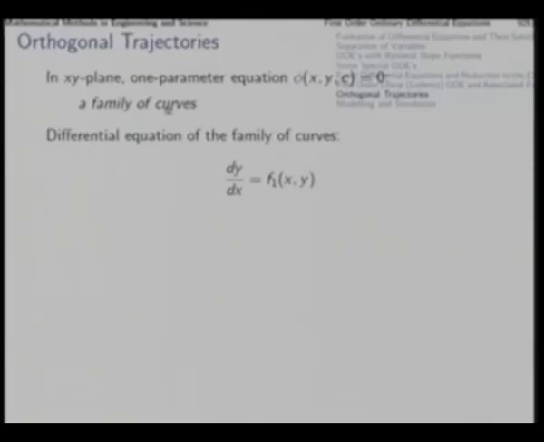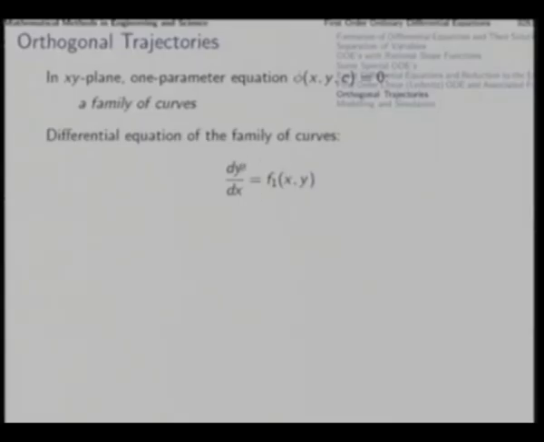We know that. Now, the differential equation of the family of curves can be found by differentiating this with respect to x, which will involve dy by dx, and then eliminating the parameter c between this equation and the expression we get by the differentiation. As we eliminate that, we get dy by dx as a function of x and y, and that gives us the same family of curves in its intrinsic equations.